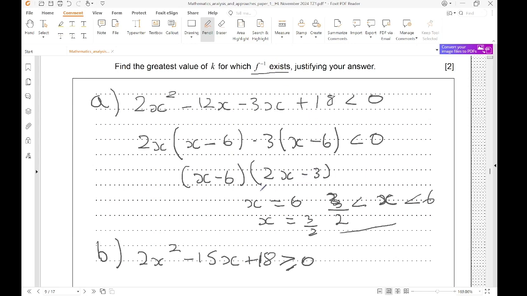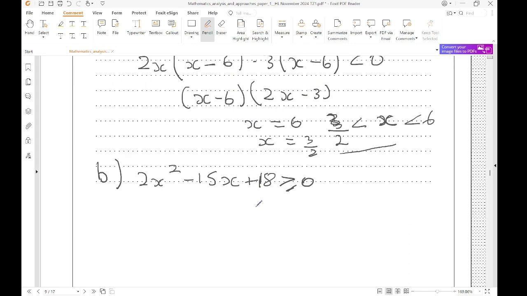I know I'm repeating functions again and again, but you have to understand that if k is not equal to 3 over 2, and x is greater than or equal to 3 over 2, you will get a graph that looks something like this.